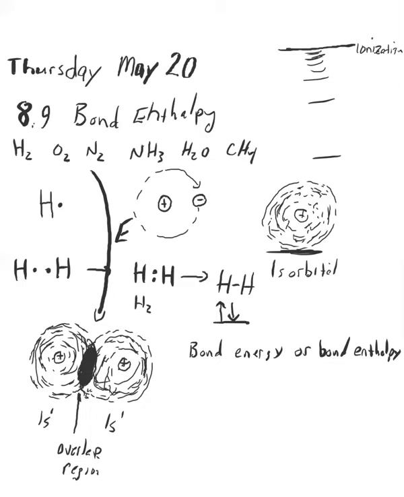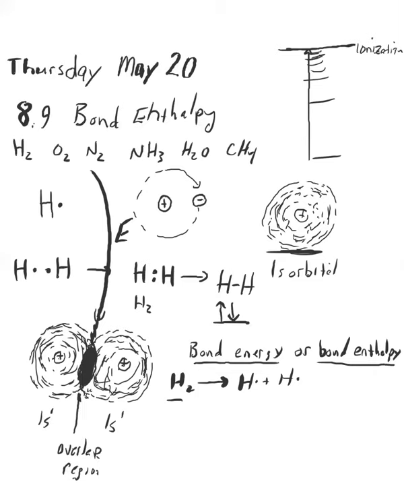That's way up here. We call that ionization. So if you can get the electron up to here, it's just no longer associated. Well, you can do something similar here. You can put in energy to the point where those two atoms fly apart, and we would describe that as H plus H, right? So now each atom has its own electron and they're separated. The amount of energy required to do that is called the bond energy or the bond enthalpy.